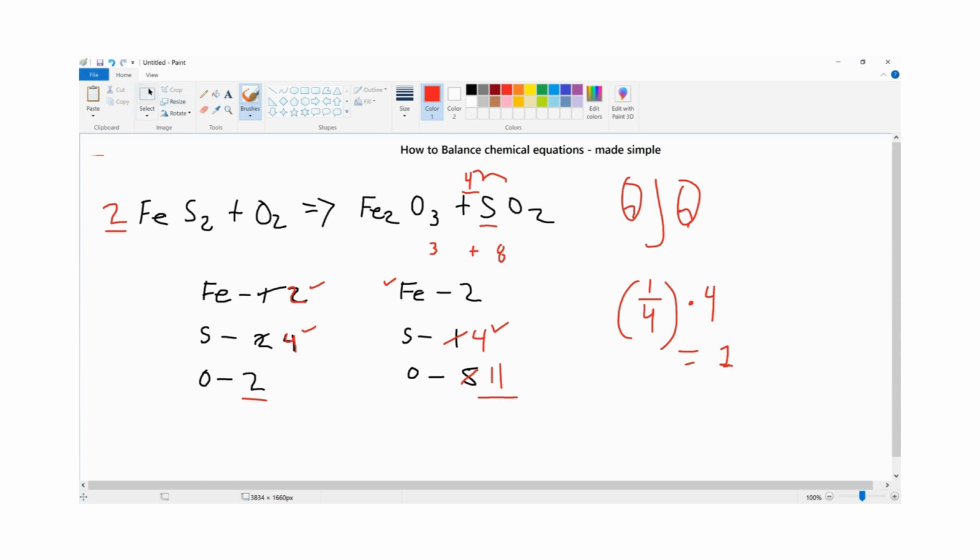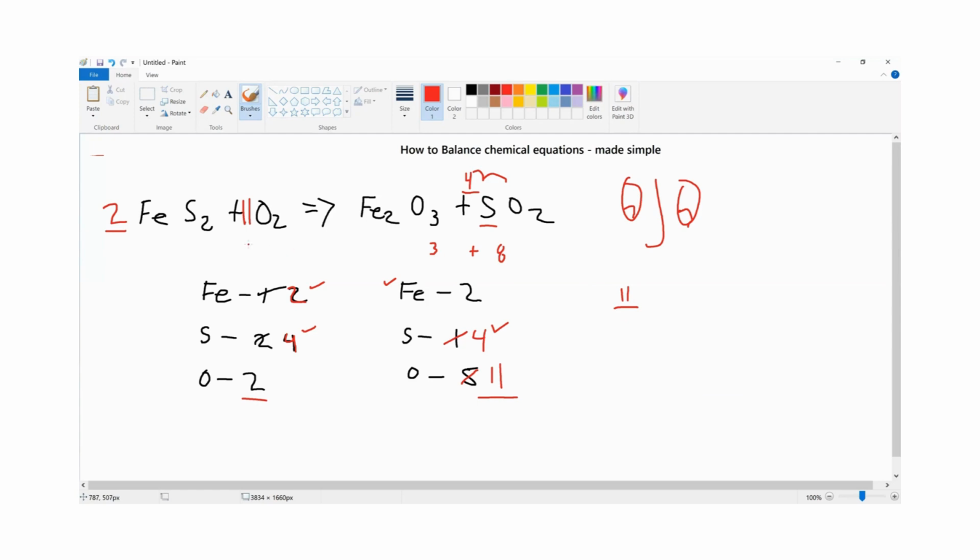So the same concept applies here. What I'd like to do here is this. I know I need 11, but I only have 2. So what can I do? What I do is I add the total number that I need. In this case, it's 11 here. Leave it like that. Now, I want to get 11 by itself.